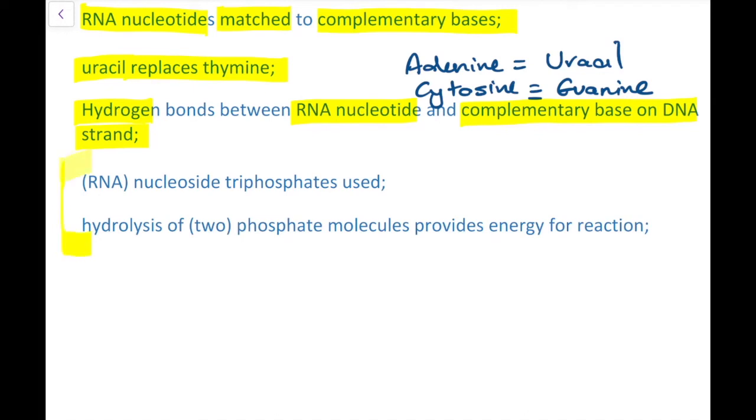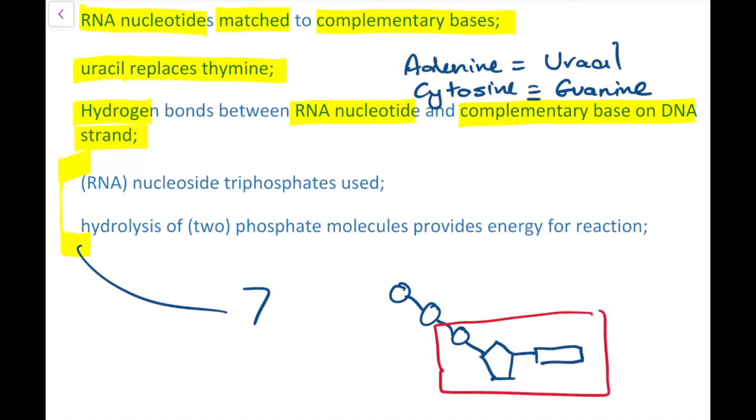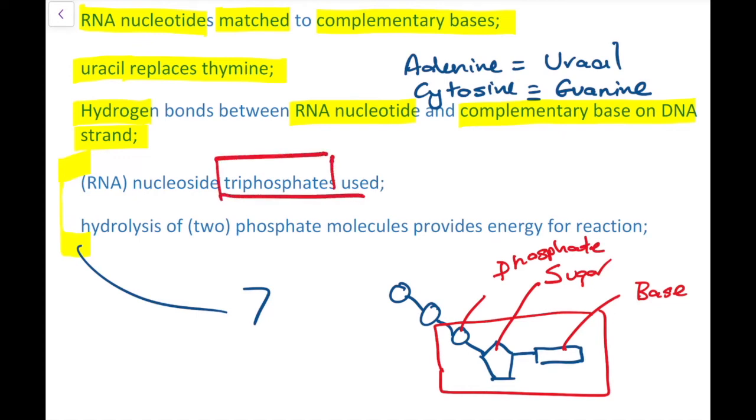Now, something which is kind of a high level statement is that we actually use nucleoside triphosphates. If we think about what a nucleotide is, it's one phosphate, one sugar, and one base. But we're saying that we use nucleoside triphosphates. That's 3.